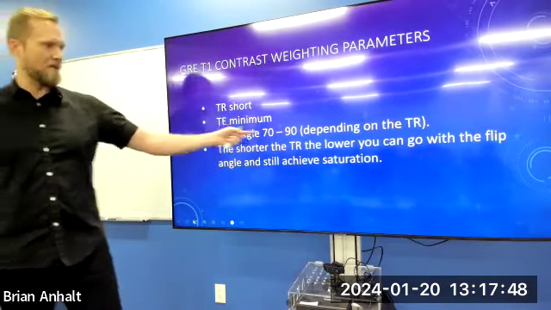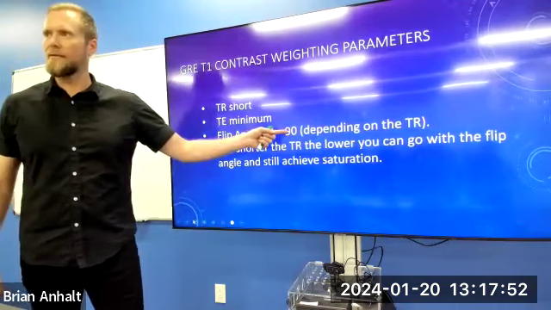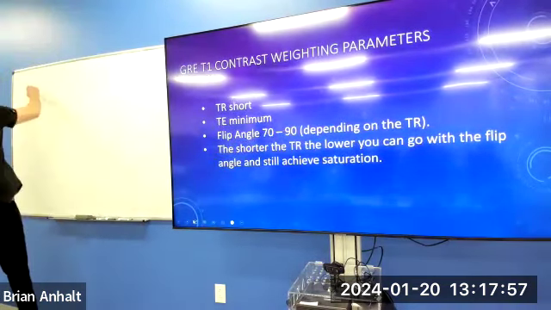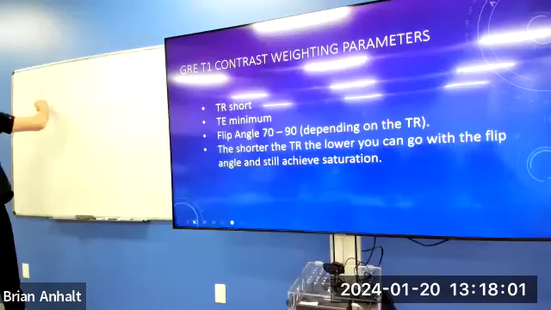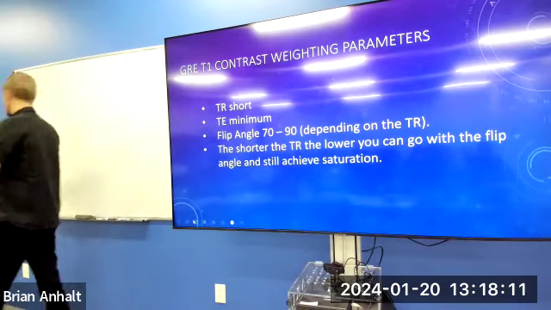This is the main factor controlling our T1 information, is our flip angle on this gradient echo sequence, right? So let me show you this. TR, TE, flip angle, refocusing angle.